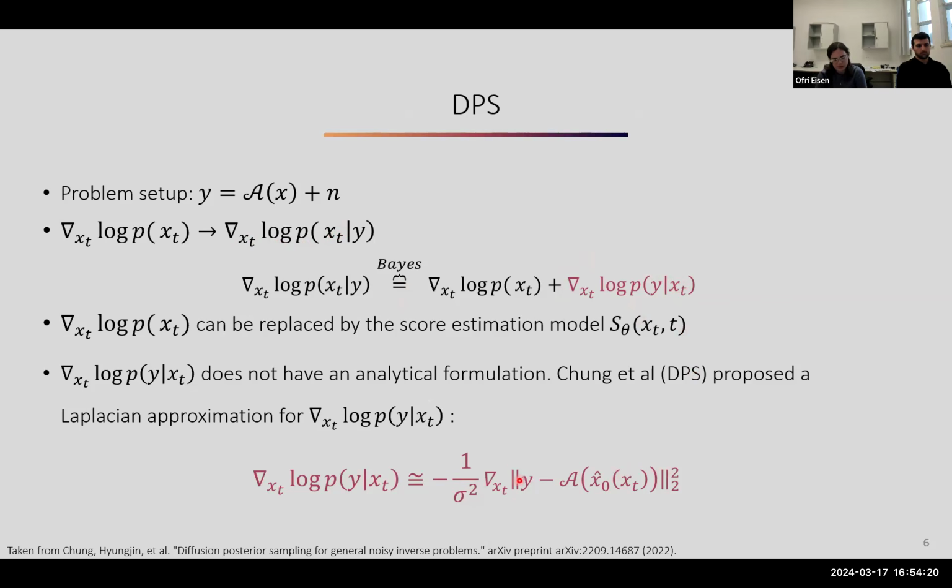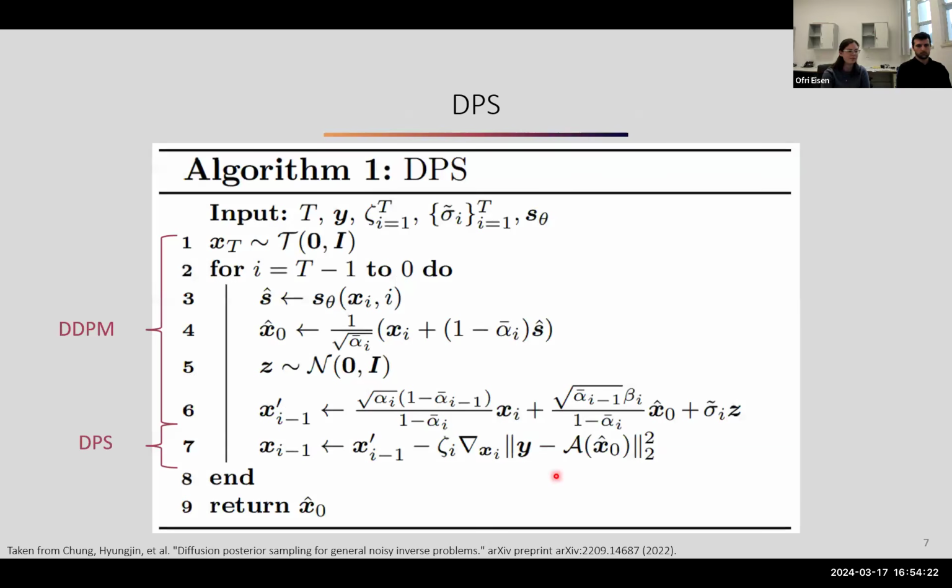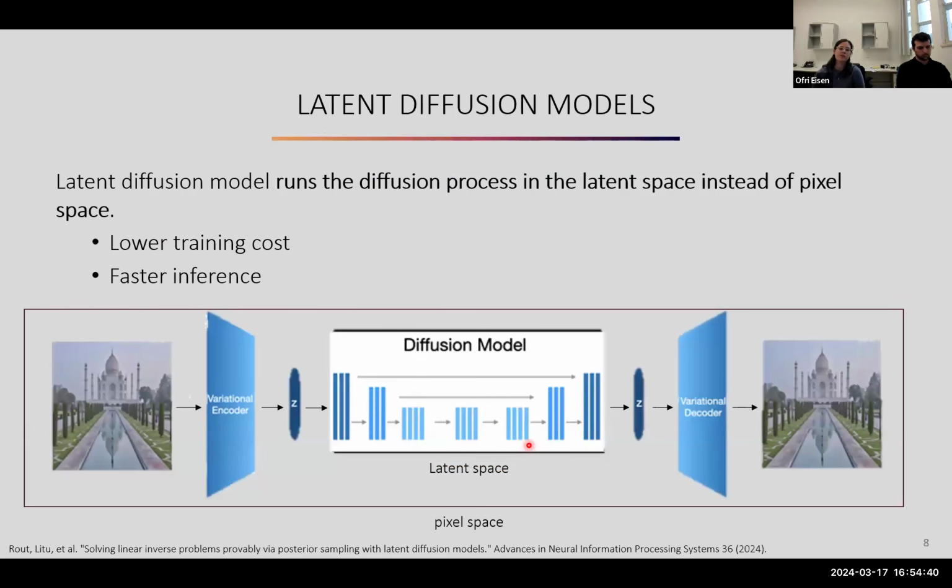This is the DPS algorithm. It first uses the regular DDPM sampling, and also adds this term, which is the approximation of log p(y given x).